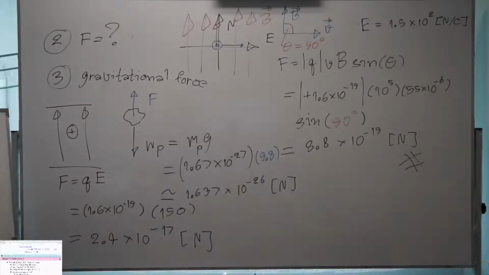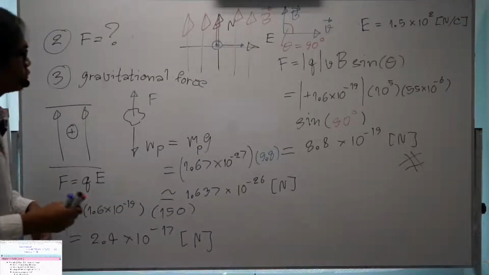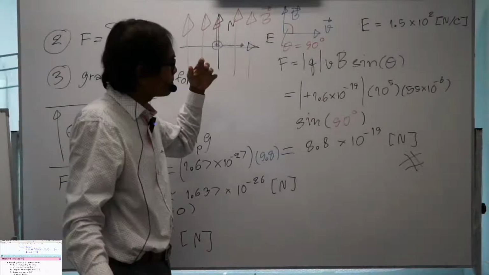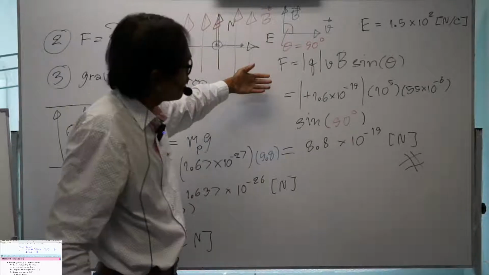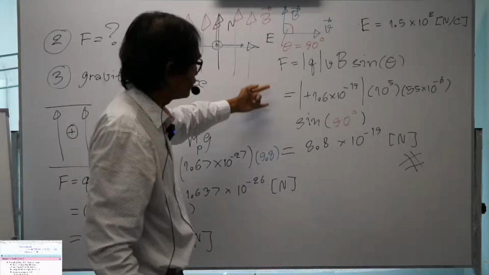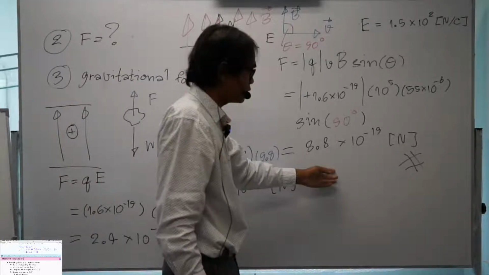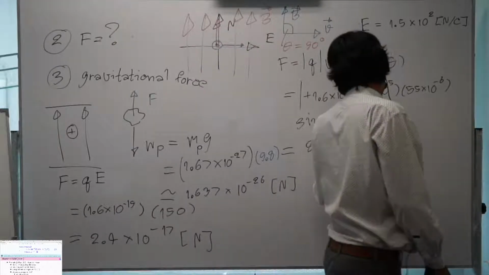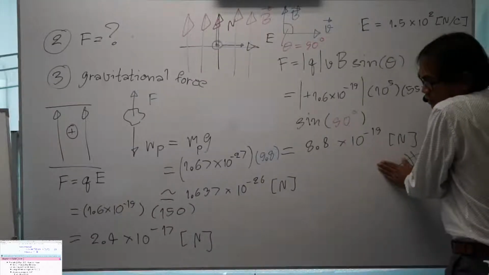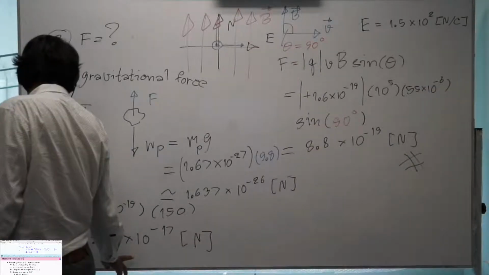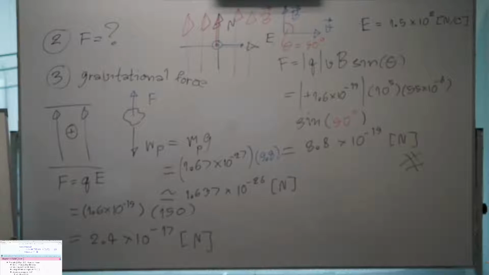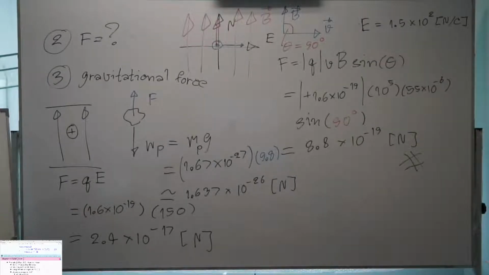You can see that the force caused by the magnetic field is 8.8 times 10 to the negative 19. This one is 2.4 times 10 raised to the power of negative 17 only.